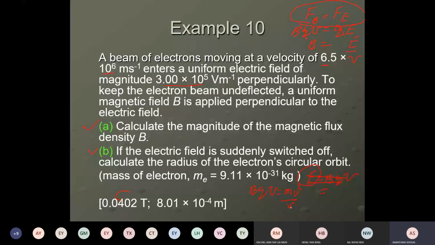You're calculating the radius, so you can find r. The speed you know already, 6.5 times 10⁶. The mass is given, 9.11 times 10⁻³¹. So you should be able to get the answer. What's important is how to start: the magnetic force equals the centripetal force, so you find the radius. Any question from this slide?